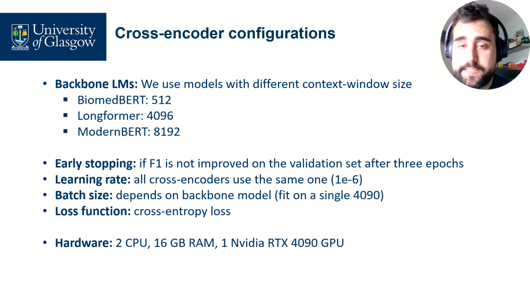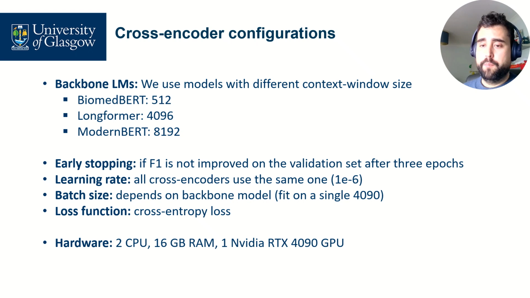To test this extensively, we don't just focus on a single backbone language model, but we use 3 of them with different context window sizes. We use BioMedBERT with 512, Longformer with 4096, and ModernBERT with 8192. The idea here is that the longer the context window, the more information we can pass to the transformer model at once.